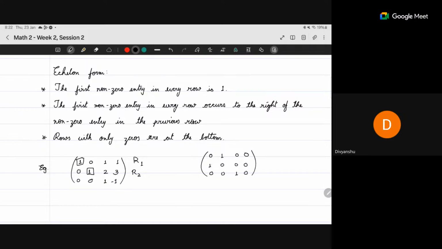Here, the first non-zero entry in R2 is to the left of the first non-zero entry in R1.